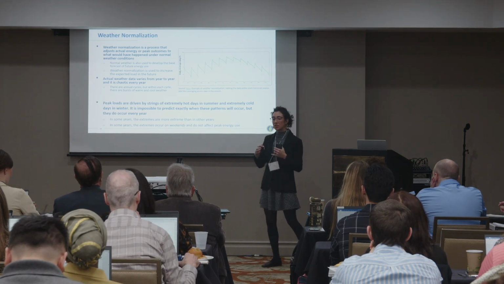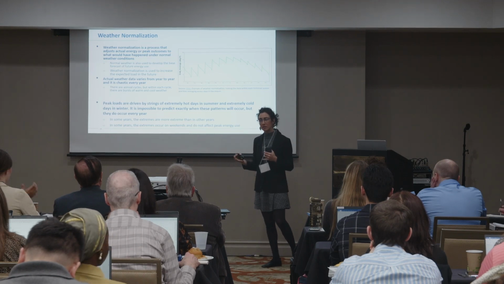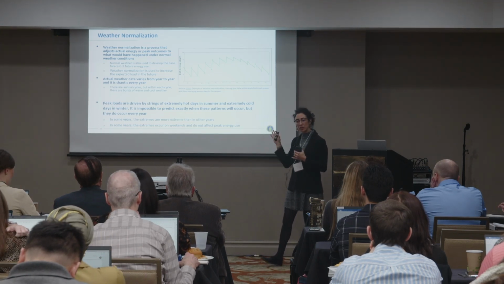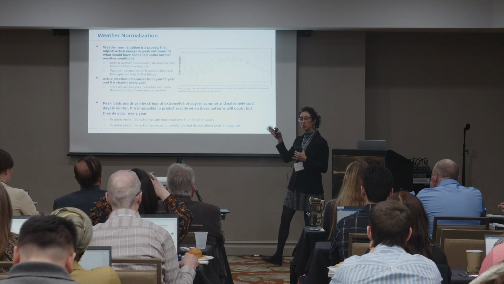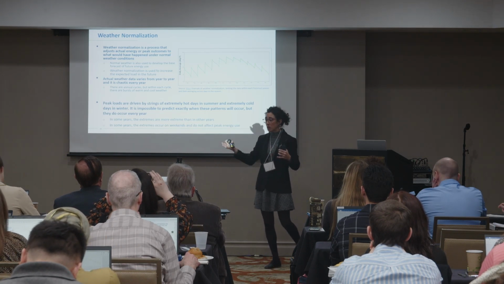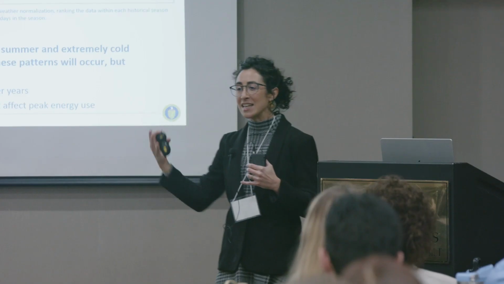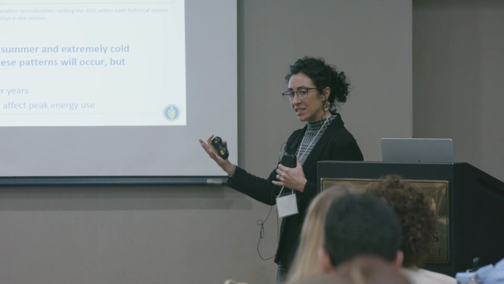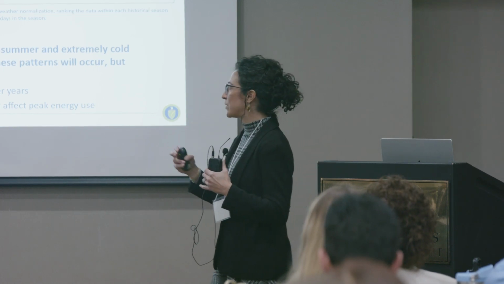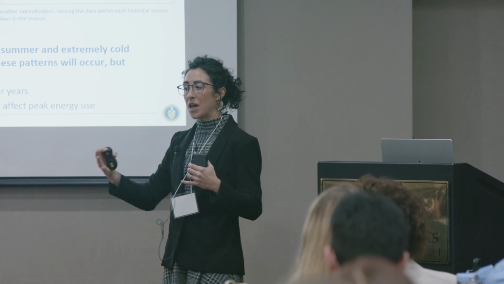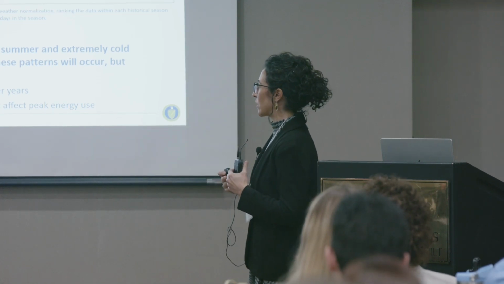And so it is good to start understanding what techniques distribution utilities are using to do this weather normalization. One, are they doing weather normalization or not? And if they're doing it, what techniques are they using to come up with this normal weather that drives peak for forecasting?